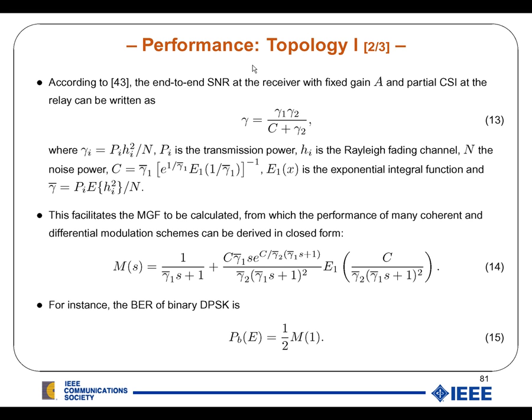Now that term here allows us to find the moment generating function of that SNR, and that is given right here. And then with that moment generating function term, you can calculate the bit error rate.